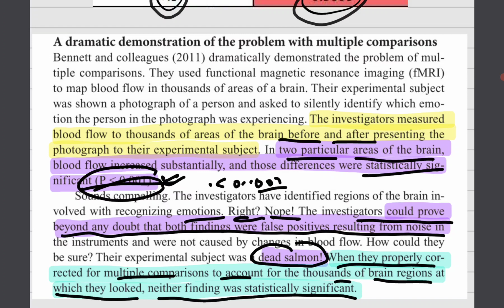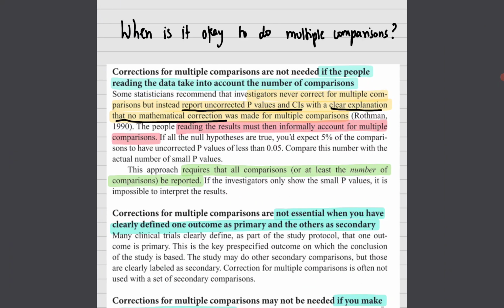Because these experimenters did so many multiple comparisons and did not correct the p-value, that is why this p-value is significant. They did more than 1,000 comparisons actually. So in that case, FWER would be near about 99% or something. So it's highly likely that at least a few of the comparisons would be statistically significant just by random chance. So you have to correct for these multiple comparisons.